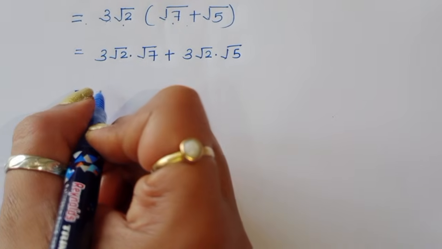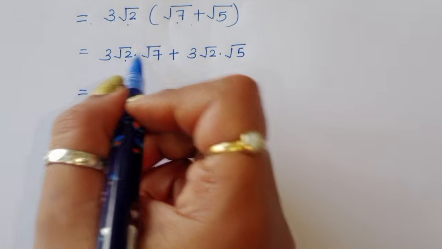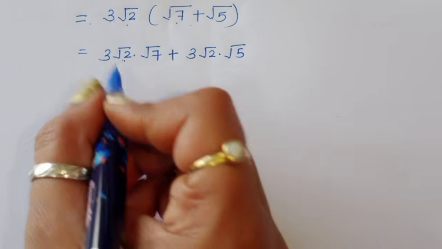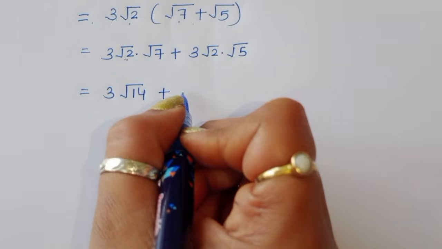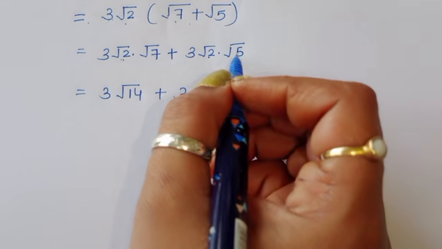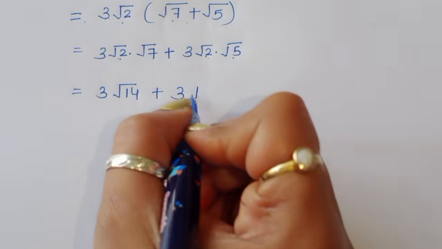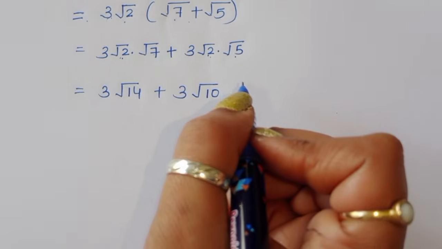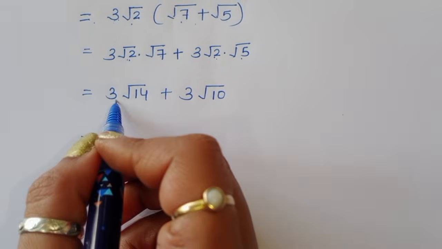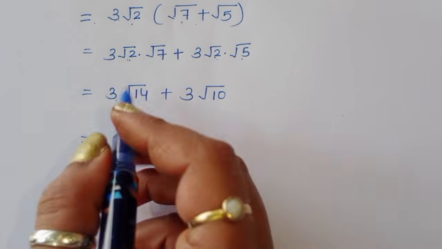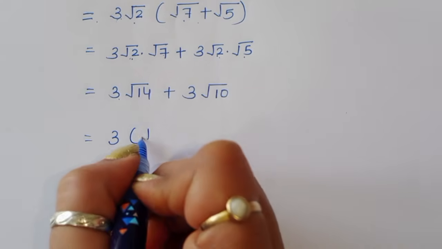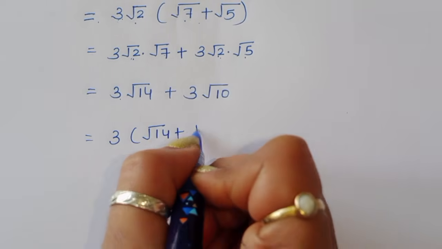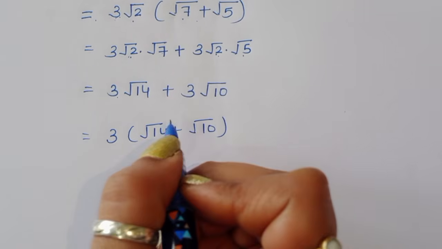Now 3 square root of 2 times square root of 7, 7 times 2 is 14, so square root of 14, plus 3 times square root of 2 times square root of 5, 5 times 2 is 10, square root of 10. Here we can take 3 common, so the left term is 3 times square root of 14 plus square root of 10.